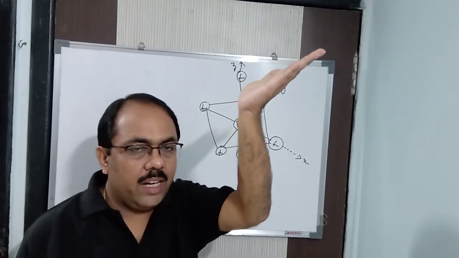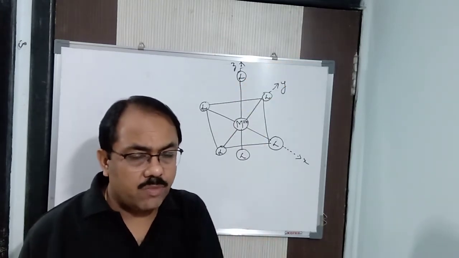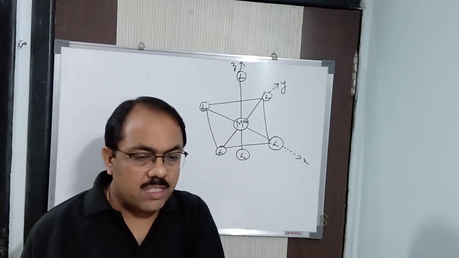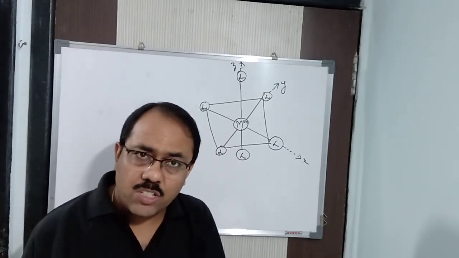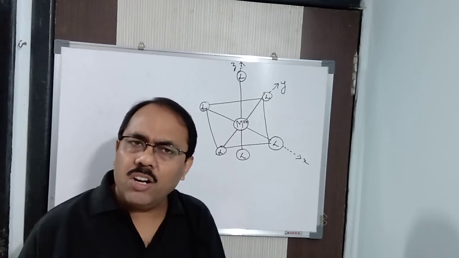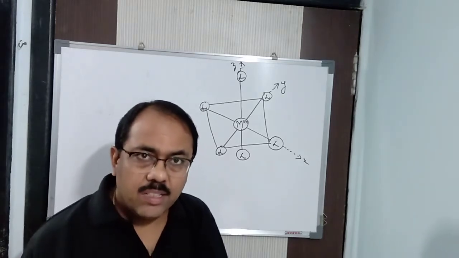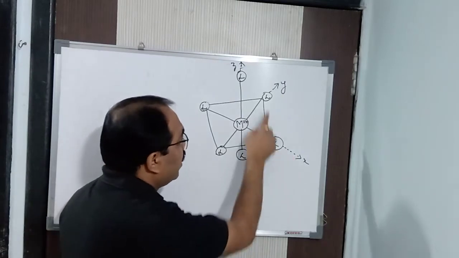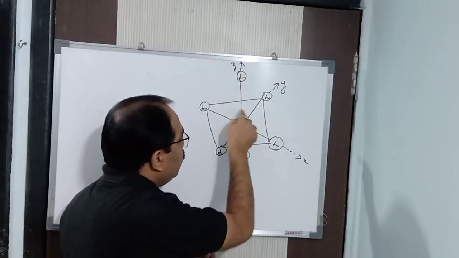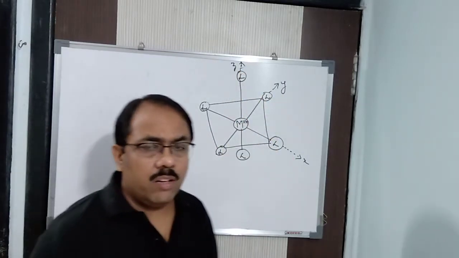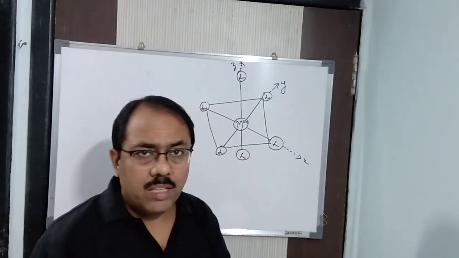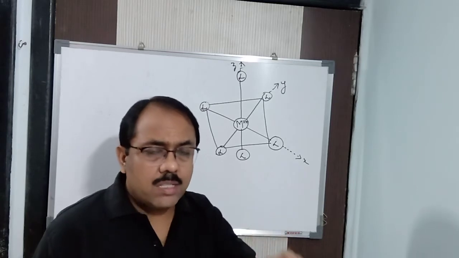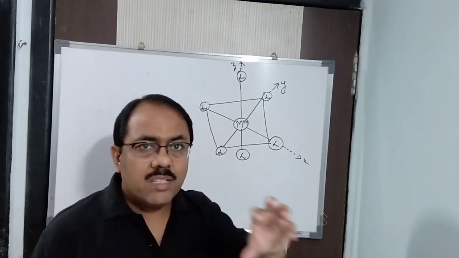Got it? And T2g, that is dxy, dyz and dxz, which I already told you is known as T2g, suffer less repulsion, because they are not axial, they are planar. The ligands approach the vacant orbitals in the axial manner in the octahedral complex, so the orbitals which are axial suffer more repulsion.